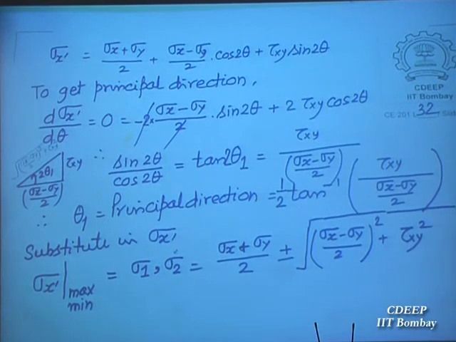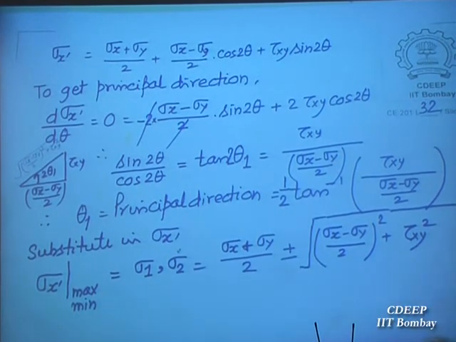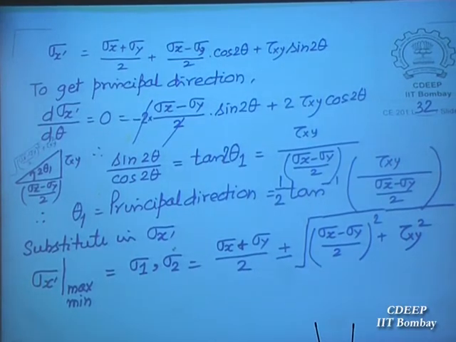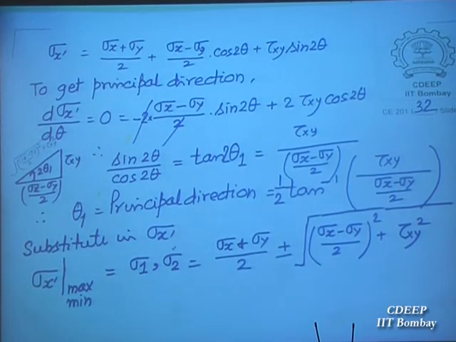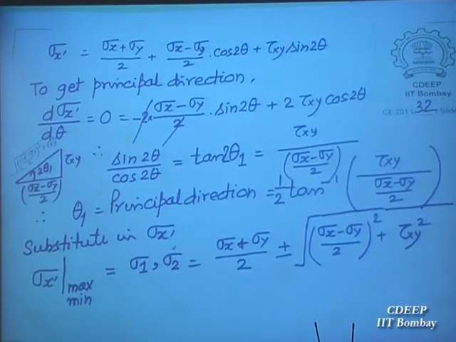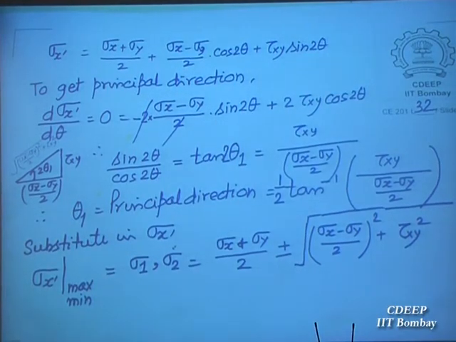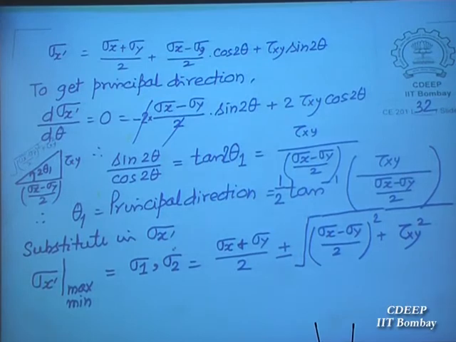Yes please, these are the principal values. One of the two will be principal, one will be minimum. The maximum value is called principal stress, not the minimum. They always appear in pairs. This is what you can get.